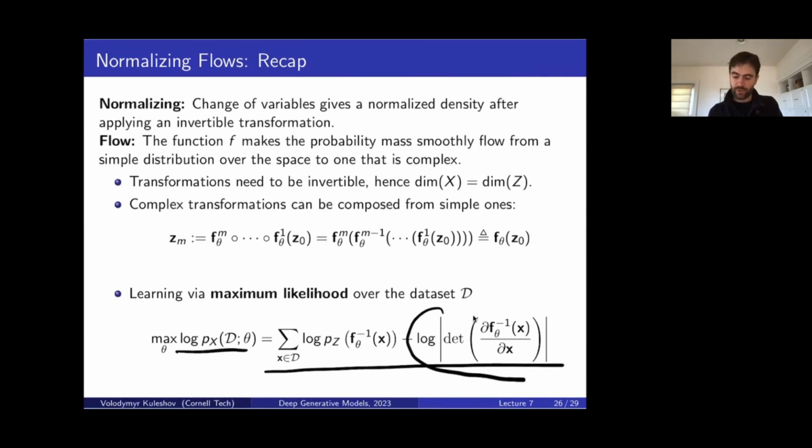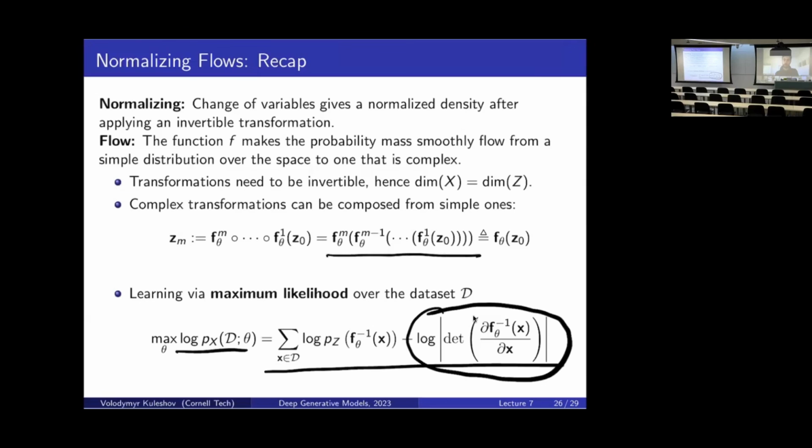And the main challenge here will be to compute this term, the log determinant of the function f. And in order to maintain a tractable determinant, we have to use restricted classes for the function f, restricted families of functions f. For example, compositions of simple functions.